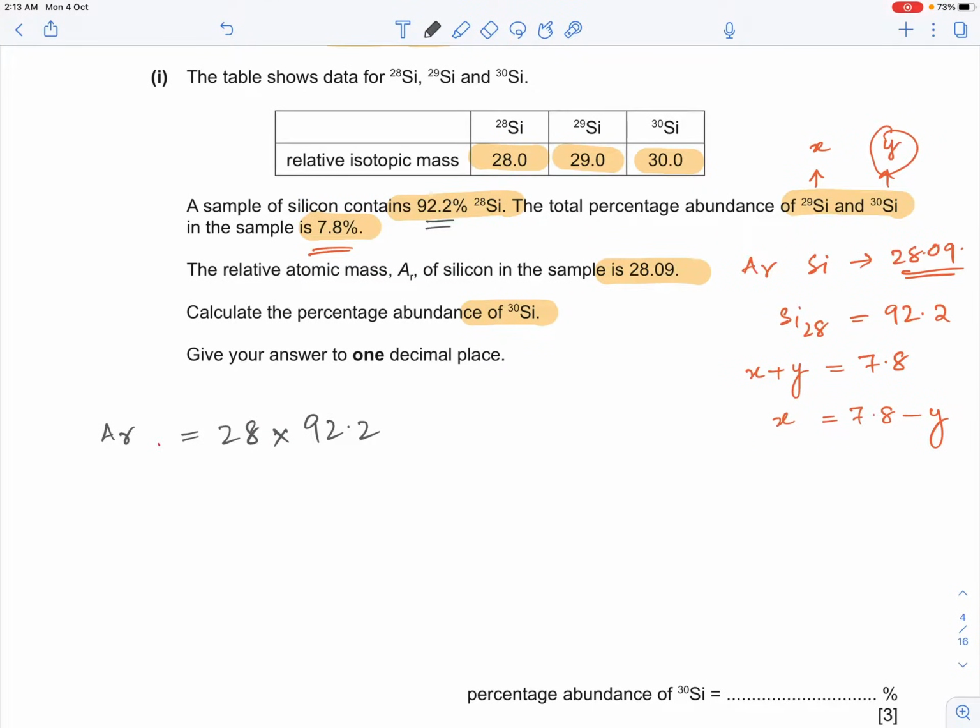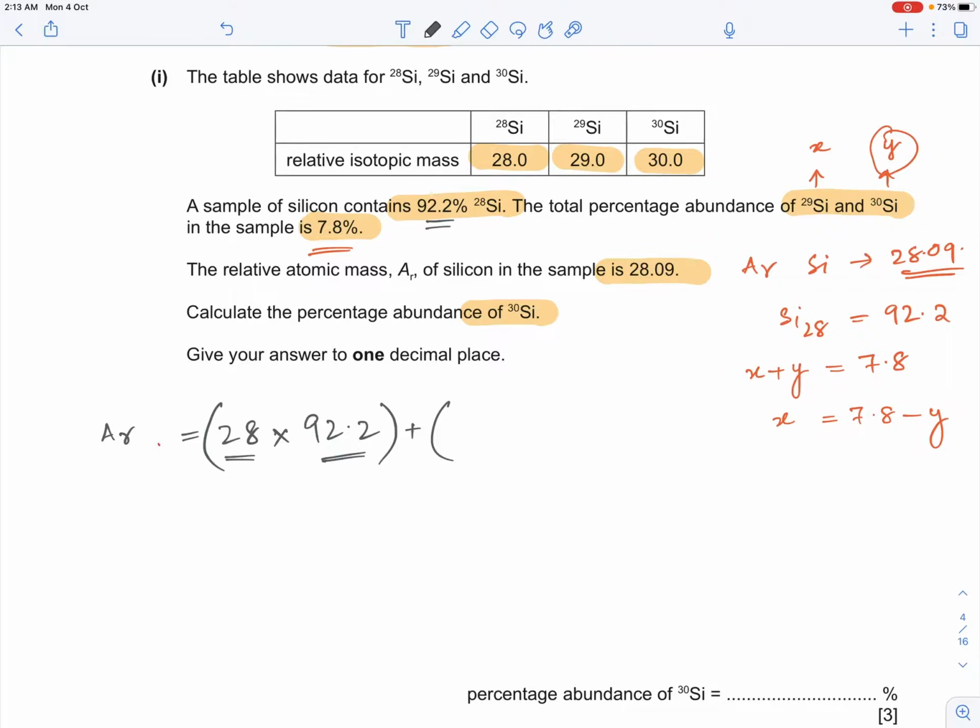So we just have to multiply the abundance of each isotope with its mass. So 28 is the isotopic mass of silicon-28 and 92.2 is its percentage. Then for the next isotope, all these percentage abundances get summed up.